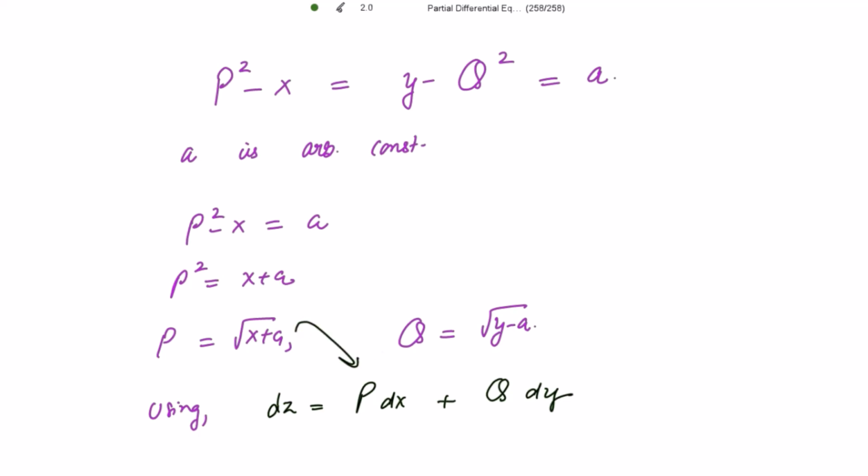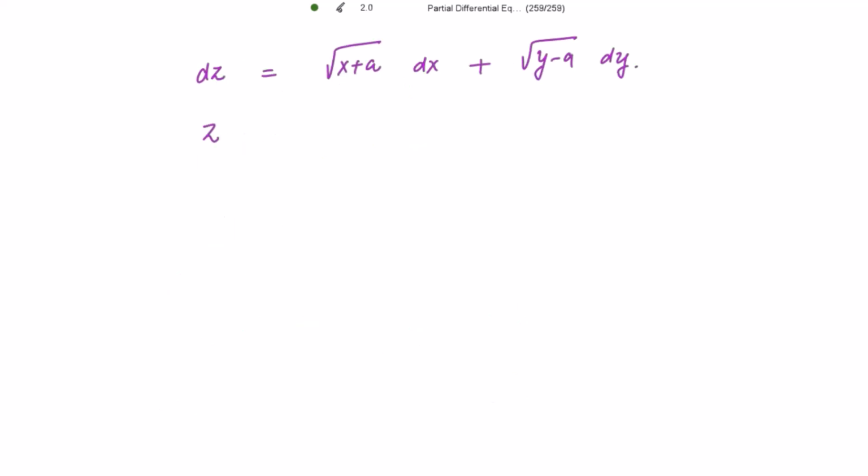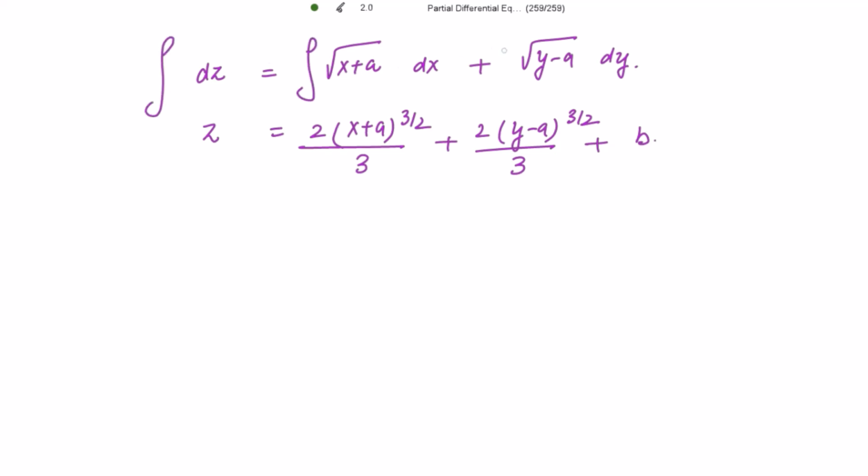Putting these values over here, on integrating we get z = (x + a)^(3/2) multiplied with 2/3 plus (y − a)^(3/2) multiplied with 2/3 plus the constant of integration b, where a and b are arbitrary constants.